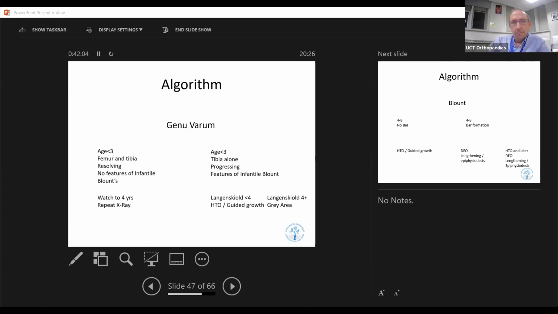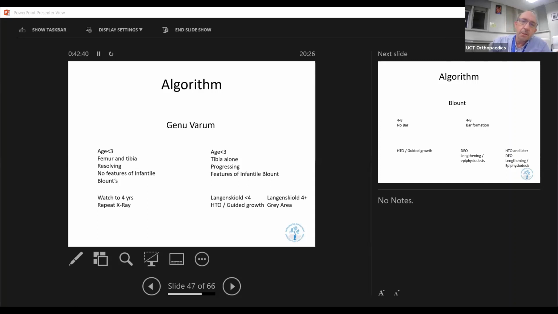Under the age of 3, with tibia alone, that is progressing, that does have the internal rotation, maybe a poker bottom, overweight, and the clinical and then radiological features of infantile Blounts: the cupping, beaking, and increased metaphyseal-diaphyseal angles. Given that we have not got a bar, Langenskiöld less than 4, for that group, ideally we want to unload the proximal medial tibia.